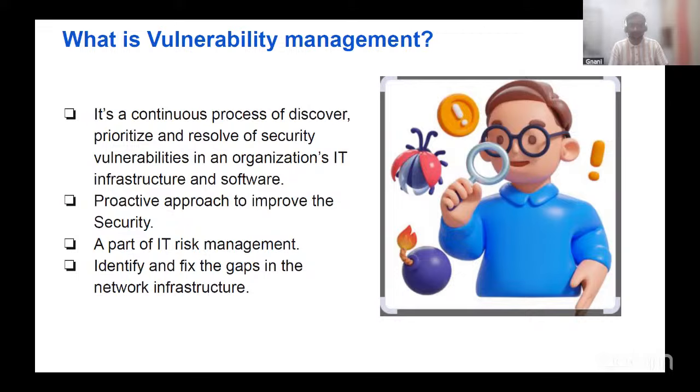If you fix it, it should cover the gap we have in that application or system. So vulnerability management is a holistic process which helps us to discover the risks, vulnerabilities, and loopholes in the infrastructure, and we will prioritize them, fix them, and re-verify them as well.